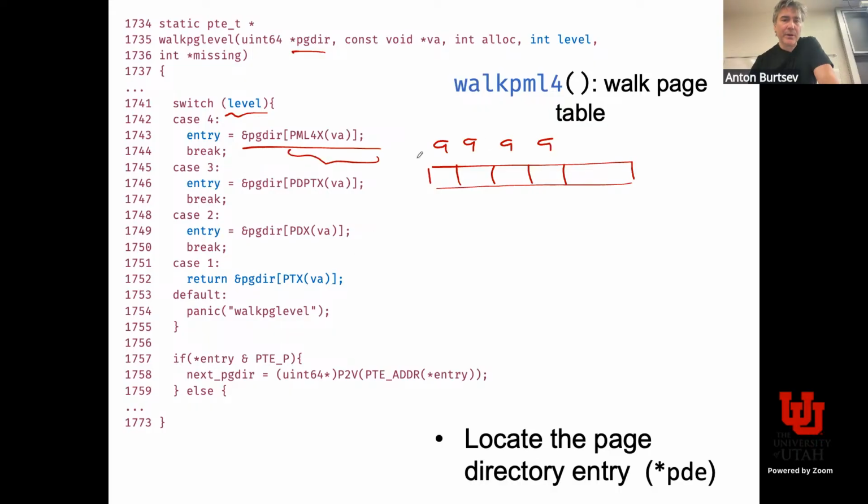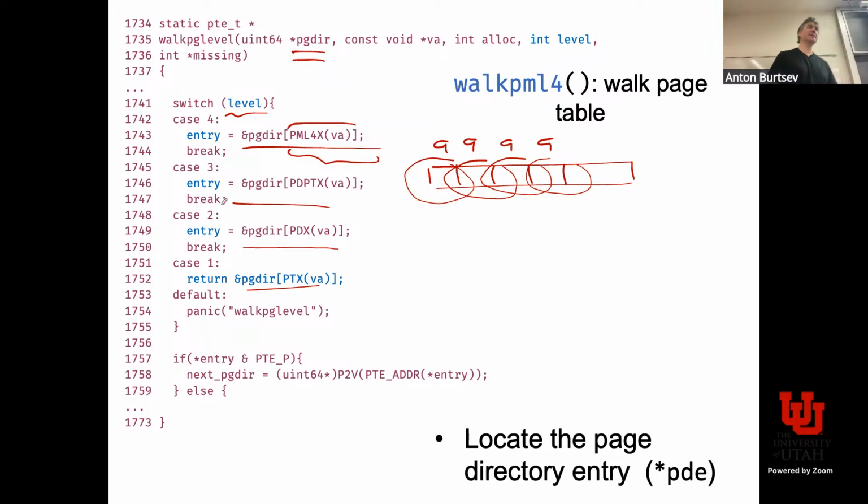This macro selects these 9, this macro will select the next 9, this macro selects this 9, and this macro selects this 9, right? So essentially, it treats this as an array, chooses an entry in the array, and returns a pointer to this entry in the array. Make sense?